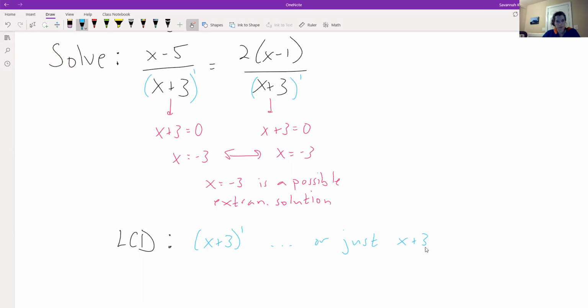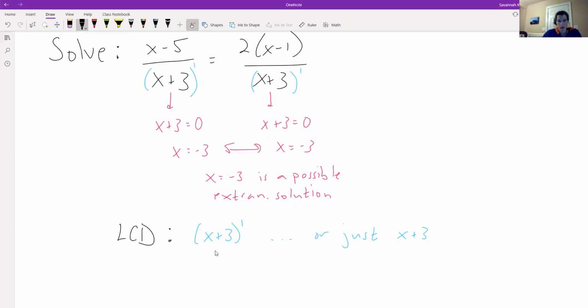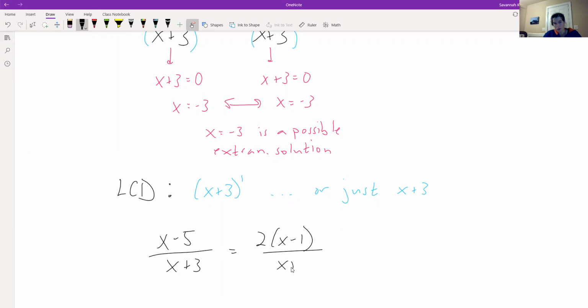So what we're going to do, I'll rewrite the problem for us since we have all of this pink writing in between here, and we'll see where we can go from here. So x minus 5 over x plus 3. And what I'm going to do, keep that.